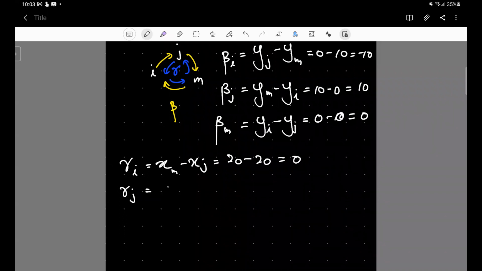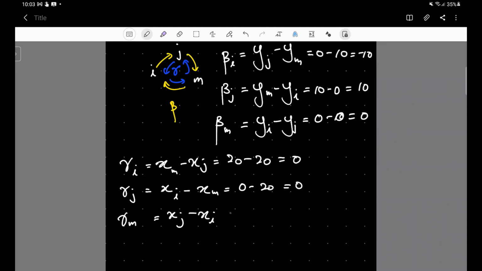Gamma j is xi minus xm, and gamma m is xj minus xi.